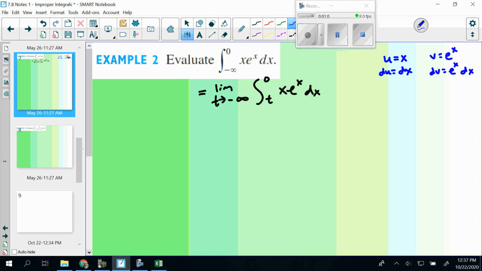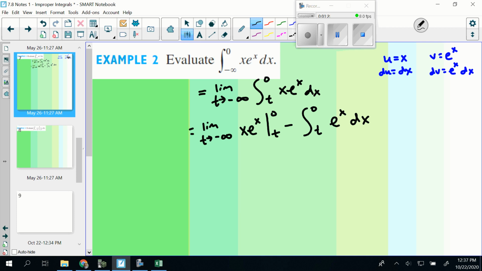So now we want to write this out as an integration by parts. So we have the limit as t goes to negative infinity of uv, so x e to the x evaluated at both 0 and t, minus the integral at those same limits of v du, which is e to the x dx.